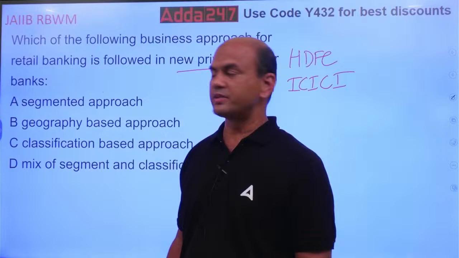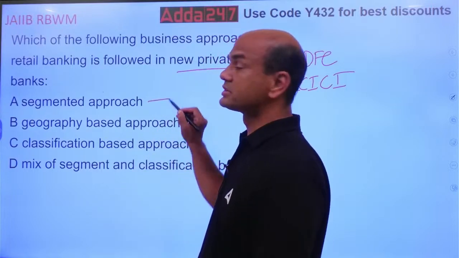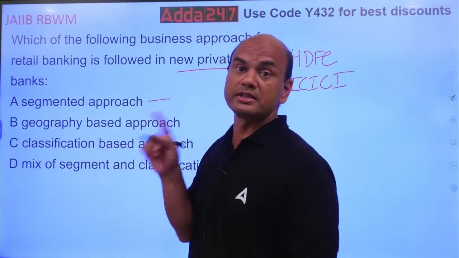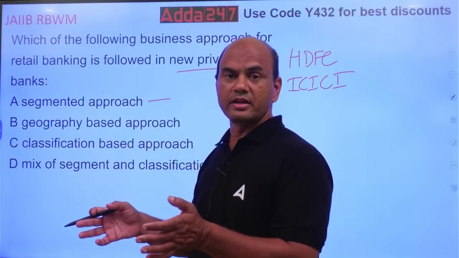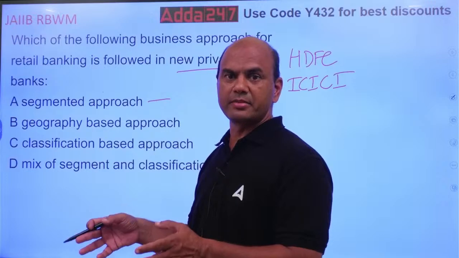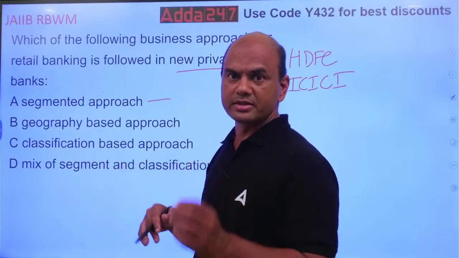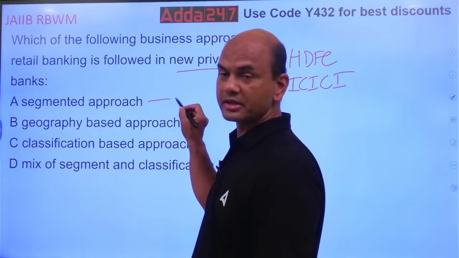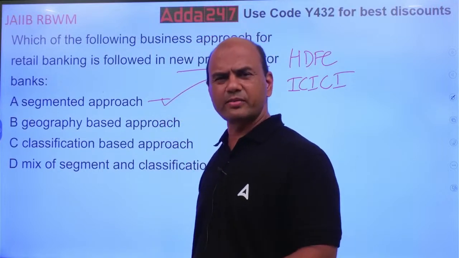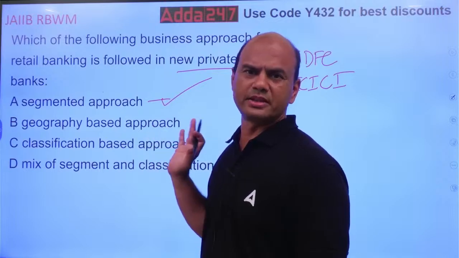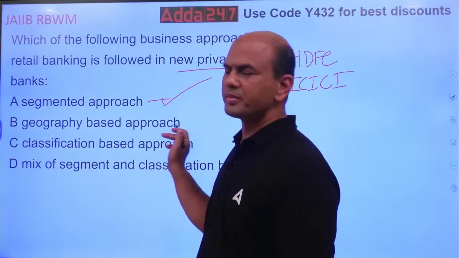Segment means what? Just now I told you, customer. Depending on the customer requirement, the branch is designated. NRI branch, Kisan, farmers branch, agri branch, MSME branch. So this is as per the customer segment. So this can be one approach. In private sector banks, they mainly follow this segmented approach. Geography based, they don't follow.